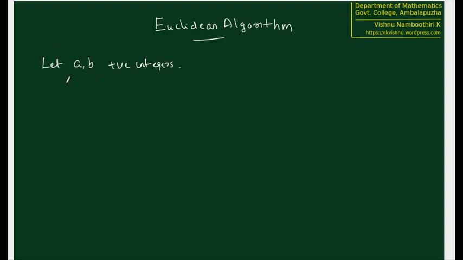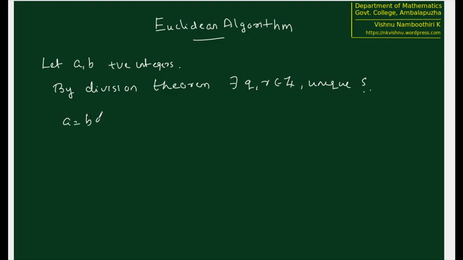Then by the division theorem, there exist unique integers q and r such that a equals bq plus r, with r satisfying 0 less than or equal to r less than b. This is a crucial observation, and we are going to make use of this identity: a is equal to bq plus r.